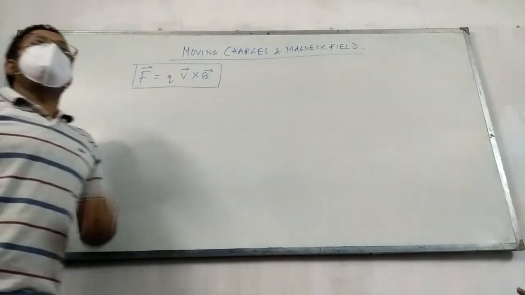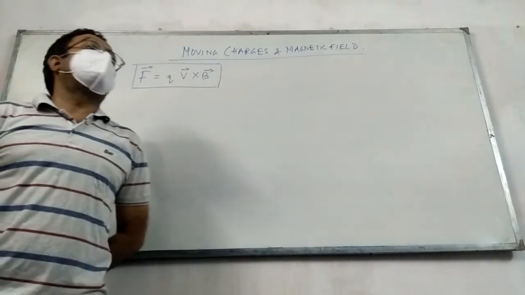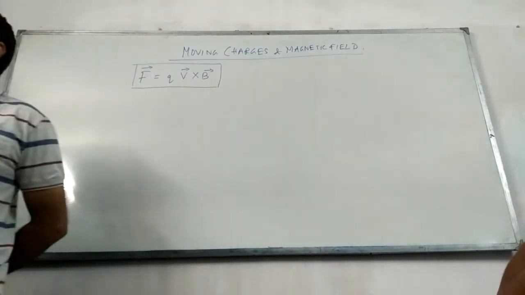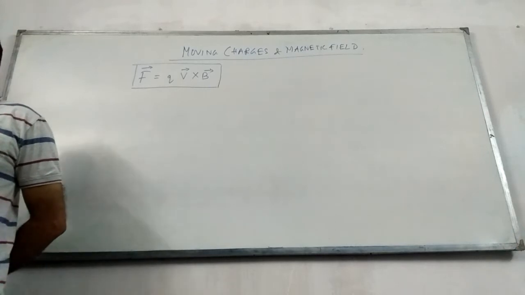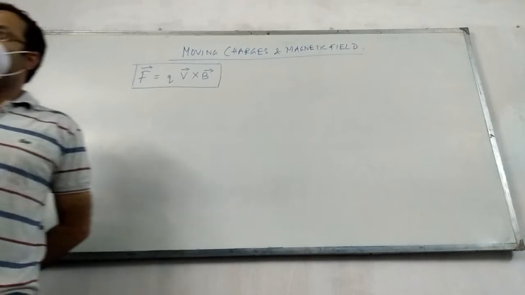Now this is a very, very important situation that has to be visualized. Up to now in class 12 we have not encountered a cross product anywhere. This is the first time in class 12 we are encountering the cross product. So let's visualize.